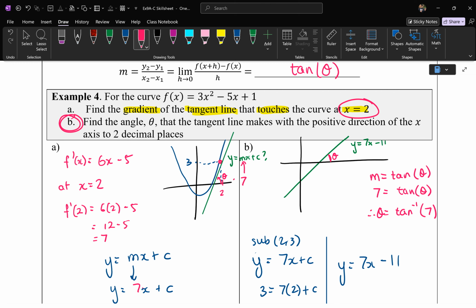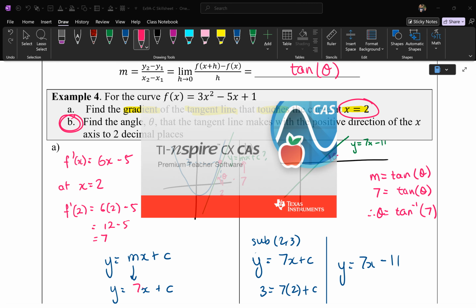Does it ask for degrees or radians? I didn't say. I should have specified whether you want it in degrees or not, but I'm going to assume it's in degrees. What's tan inverse of 7? My Casio is going to take a while to come up. Tan inverse of 7.